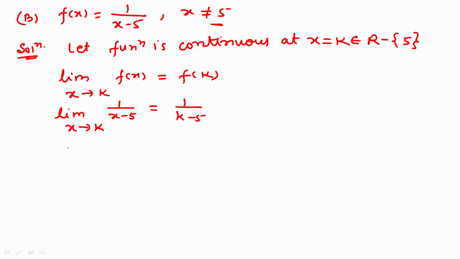On taking the limit, 1 by k minus 5 is equal to 1 by k minus 5.